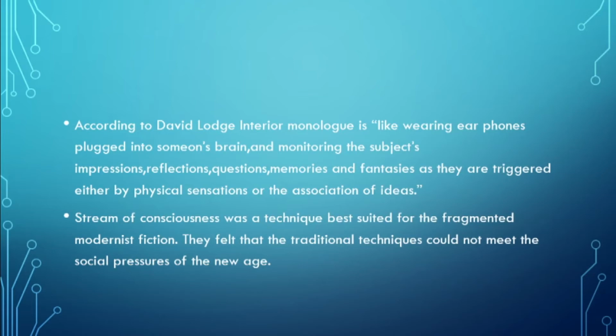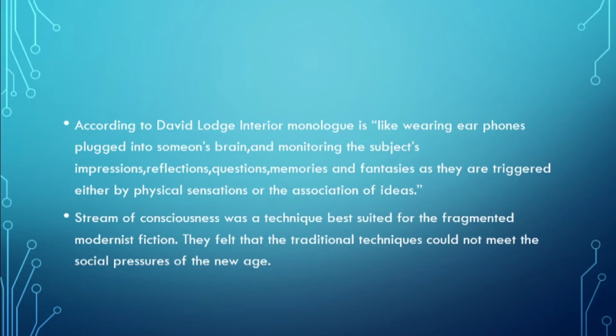I already told you that in this modern age they witnessed the two great world wars. As a result, the total world, or the European nations, was disintegrated, and this fragmentation was clearly evident in modern writings also. So these modern writers thought that the traditional techniques were not capable of expressing the ideas clearly.